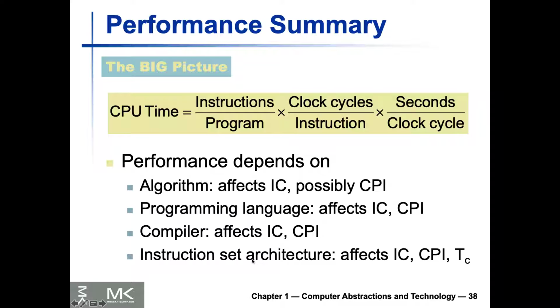And then the instruction set architecture, or the ISA, basically affects the CPI, IC, and the time as well. Okay? Does this make sense to you? I'll pause here for some seconds.